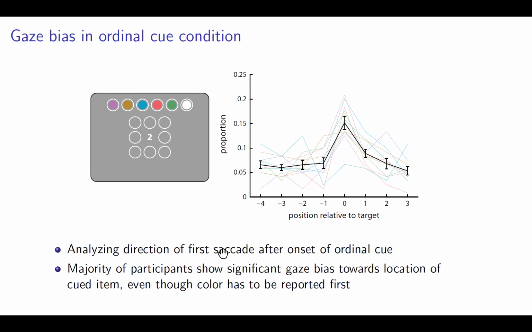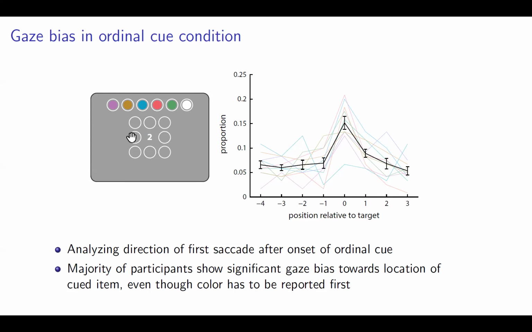This is the direction of the gaze after the onset of the ordinal cue, and it was found in the majority of participants, I think all except one. It was only 10 participants, but it was relatively consistent that most of them showed a bias towards the spatial location where the cued item was.